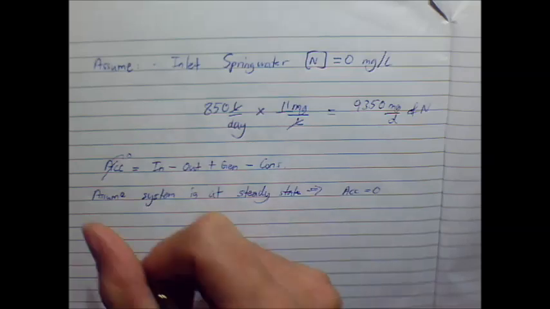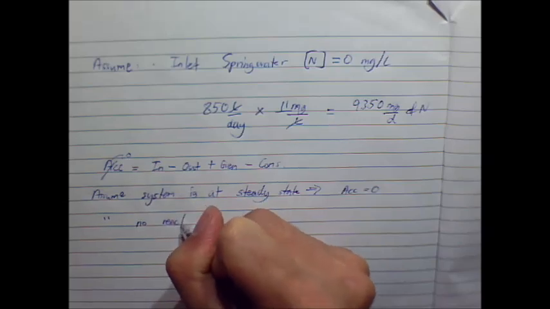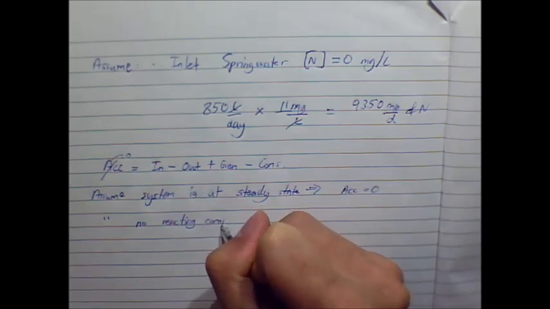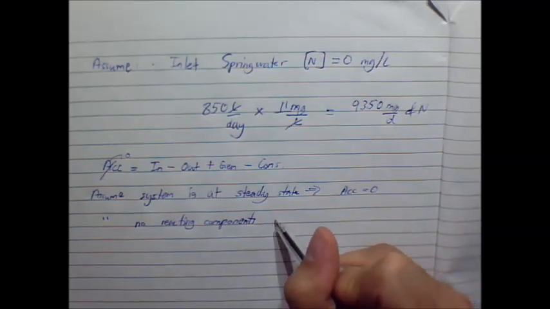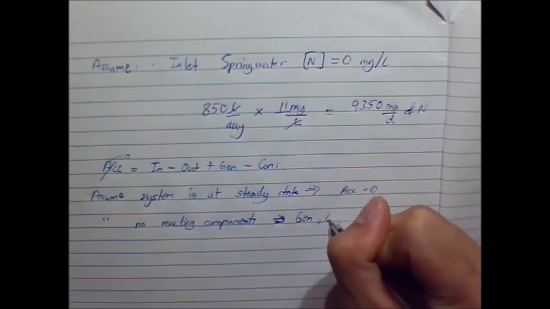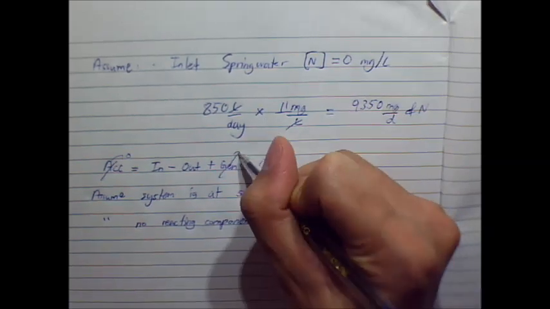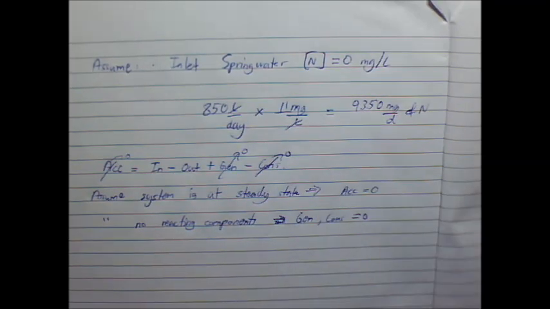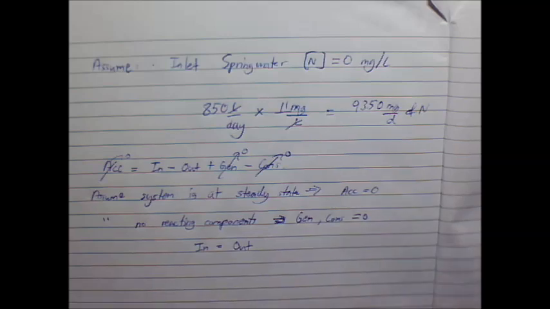We can also assume that there are no reacting components. So we're assuming there are no major reactions going on, so generation and consumption are also 0. That cancels out this term here, and also this term here. All we're left with is this, and we can rearrange this to give us just input is equal to output, which makes sense logically, of course. What you put in is what you get out of the system.